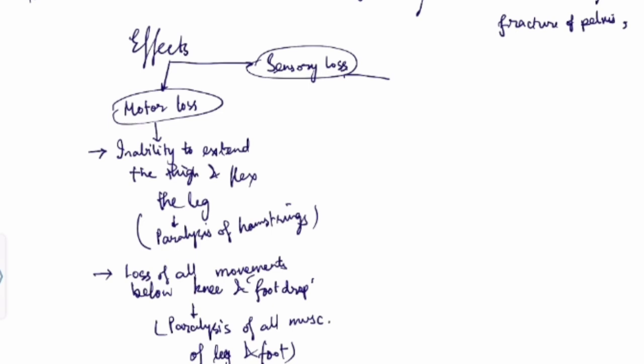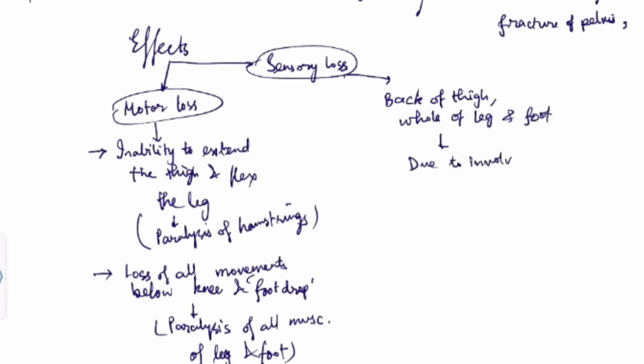Sensory loss: back of the thigh, whole of the leg and foot, due to involvement of the cutaneous branches of the sciatic nerve and its descendants.